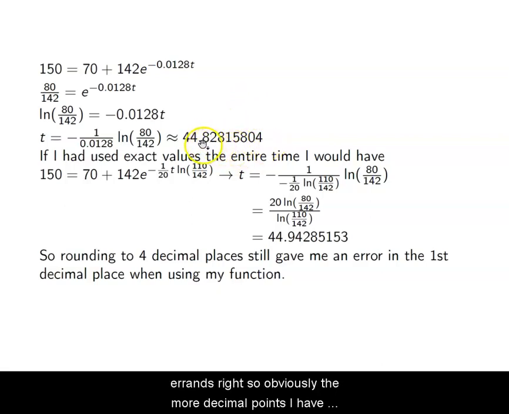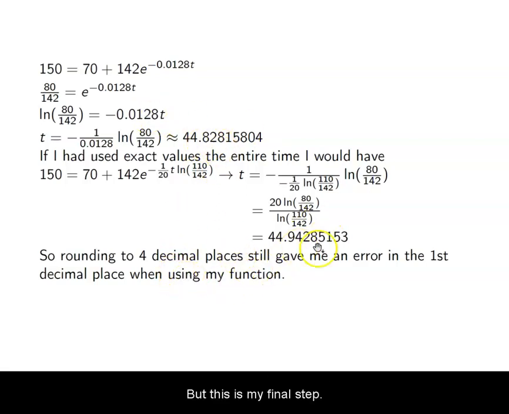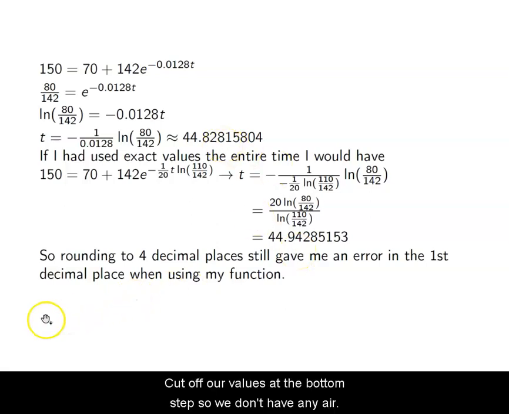Obviously the more decimal points I have, the more accurate. The fewer I keep, the more error I'm going to accumulate. But if this is my final step, we try our best to cut off our values at the final step so we don't have any error.